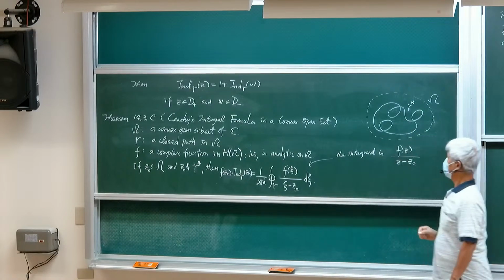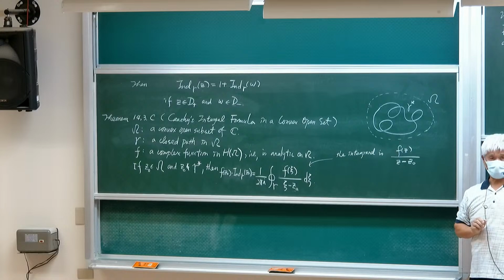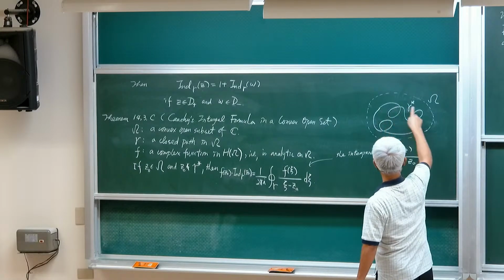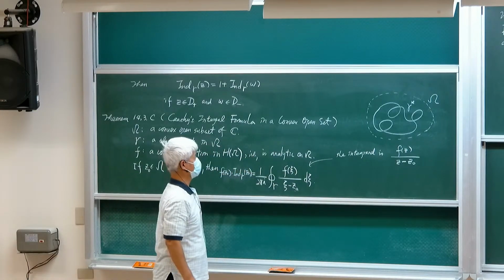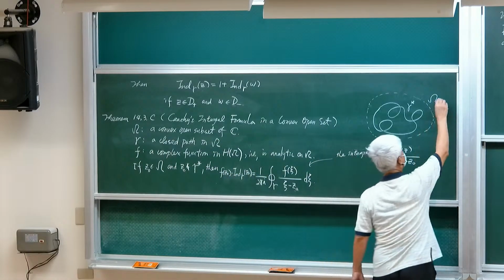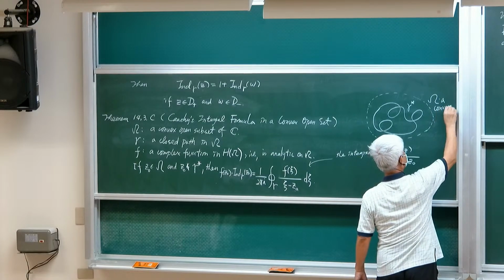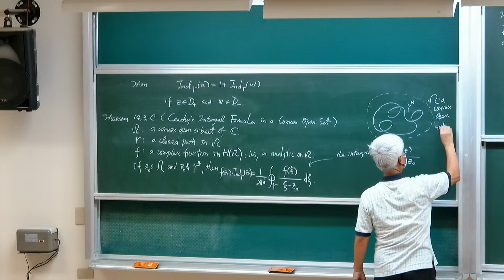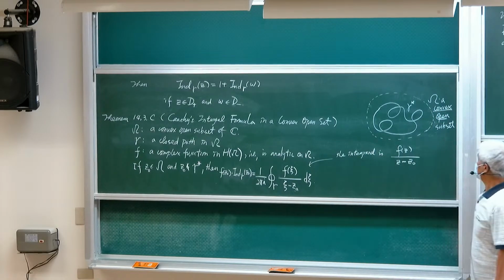Then we can consider arbitrary closed paths here. And omega is convex. So convexity is very important. Convex open subset. Okay.